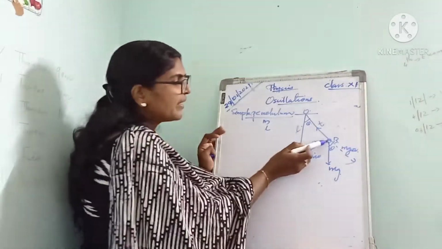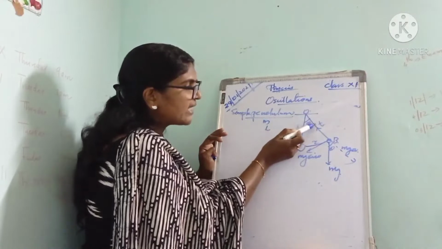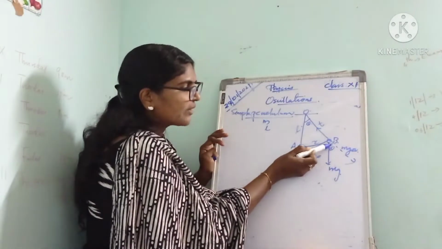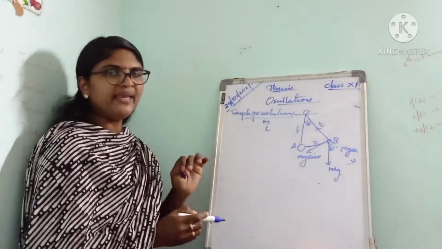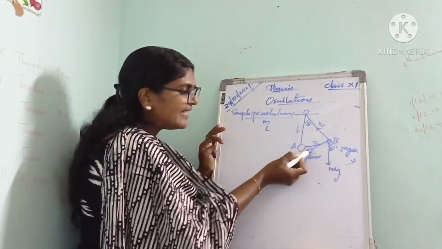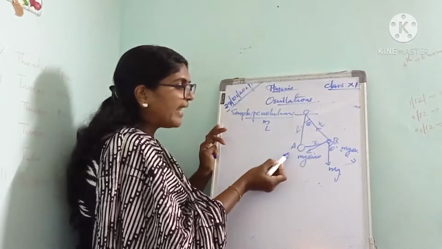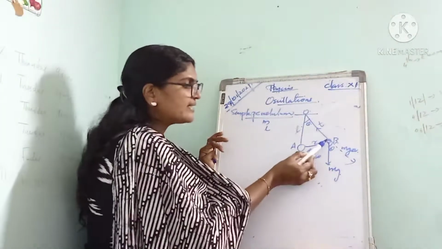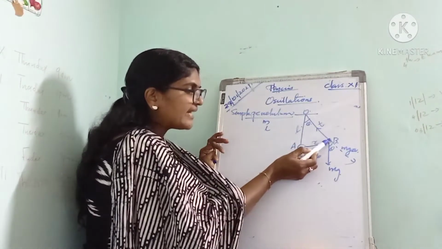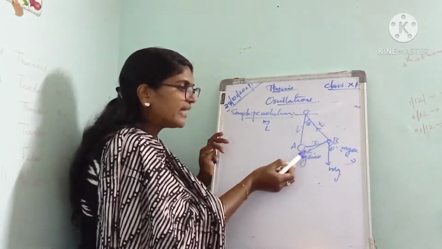One is mg cos theta, which acts along OB, and another is mg sin theta, which acts along BA, along the tangent.